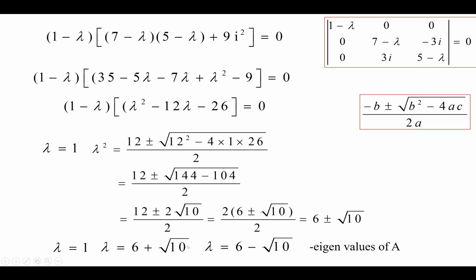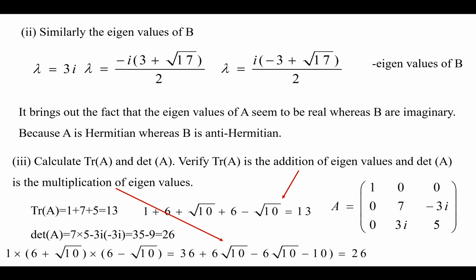They are the eigenvalues of A, and all of them are real eigenvalues because A is a Hermitian matrix. Similarly, we can go for the eigenvalues of B. Just check it out, and you will get the 3 values of lambda as 3i, minus i plus root 17 by 2, and plus i minus 3 plus root 17 by 2.